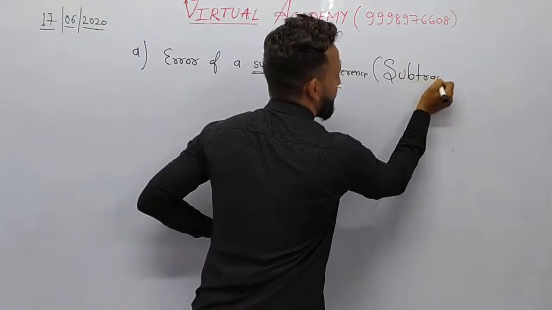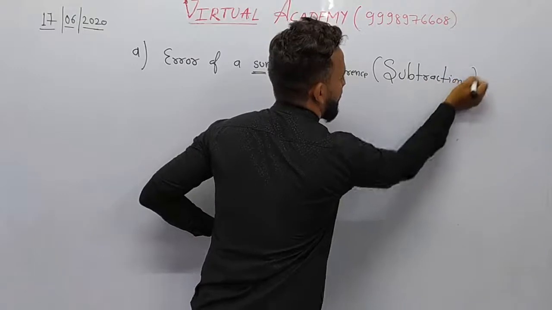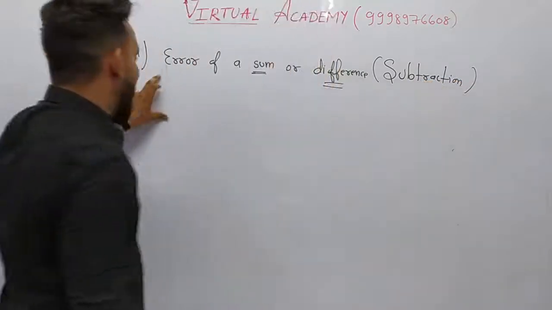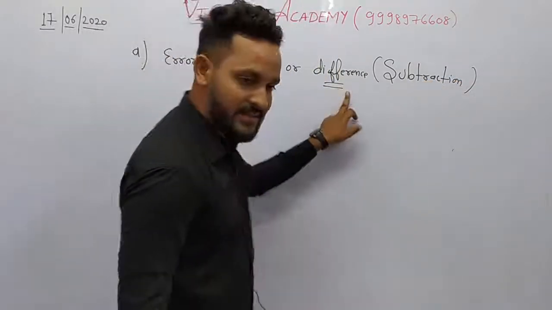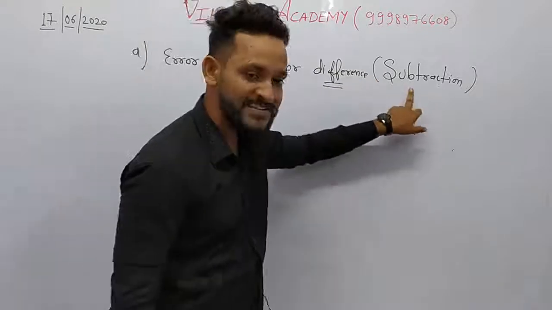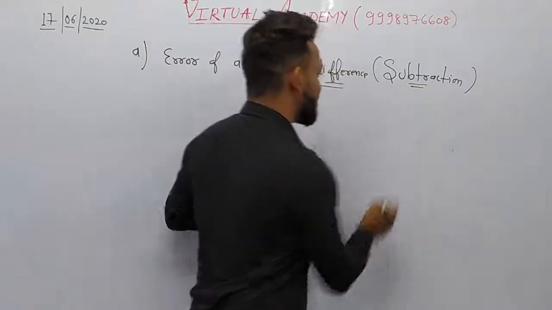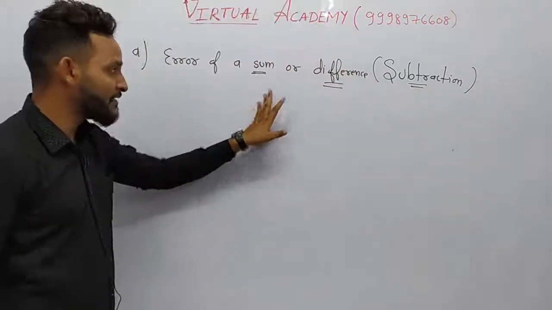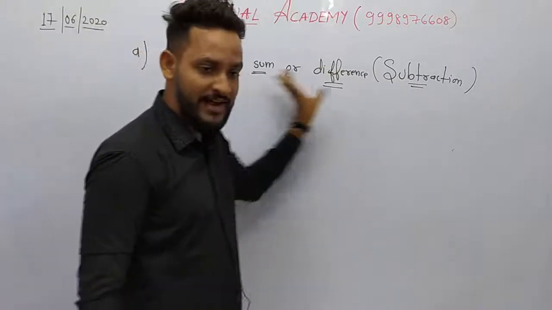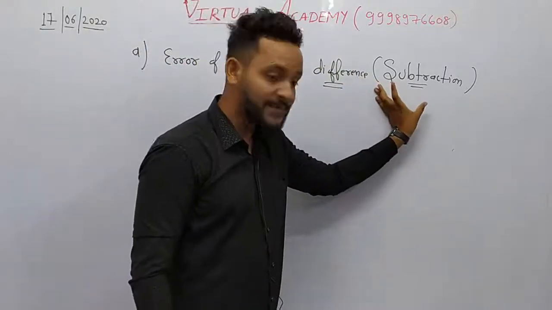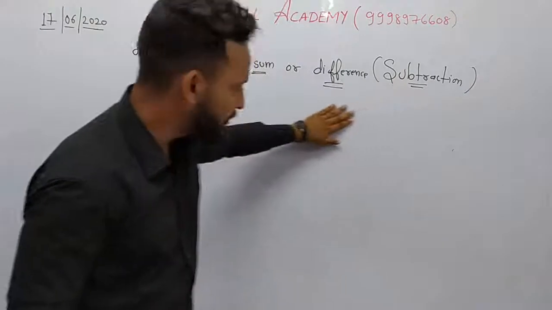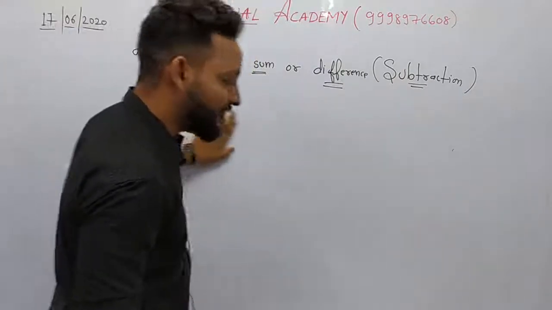Subtraction. Clear? Error of a sum or difference. Now difference is what? It's a subtraction. Clear? So we have to study how to combine the error in terms of addition and in terms of subtraction or difference. So basically before starting that, we have two quantities.